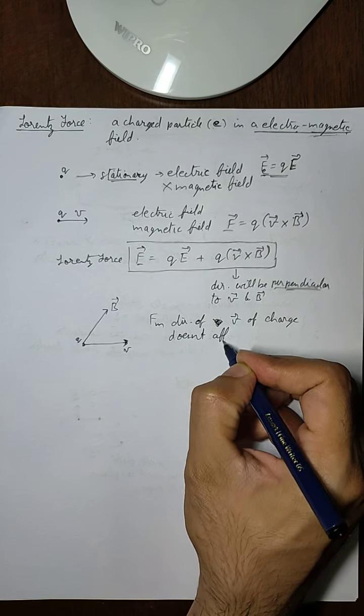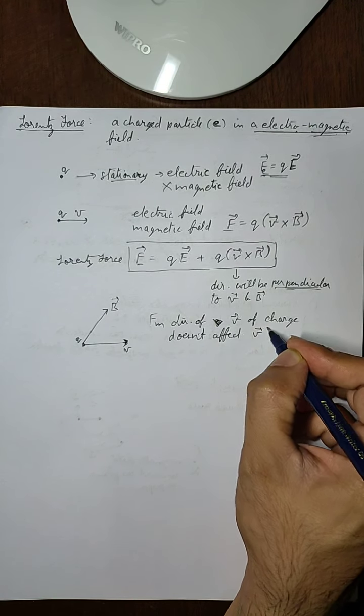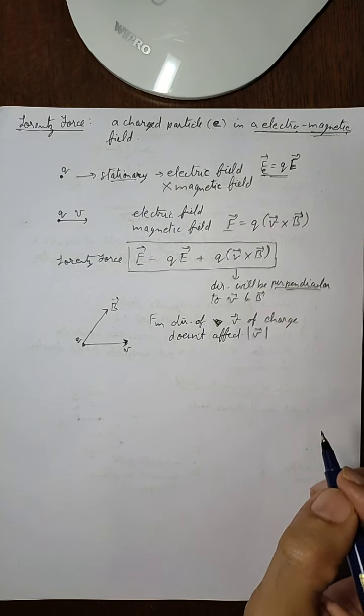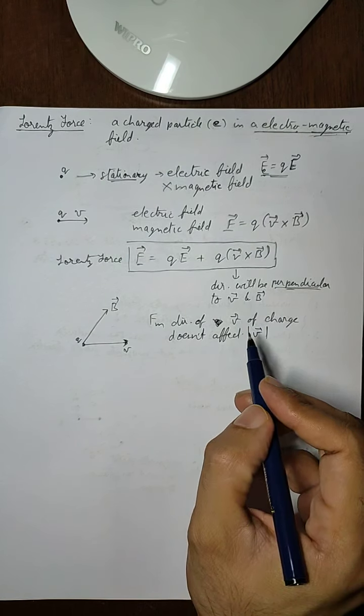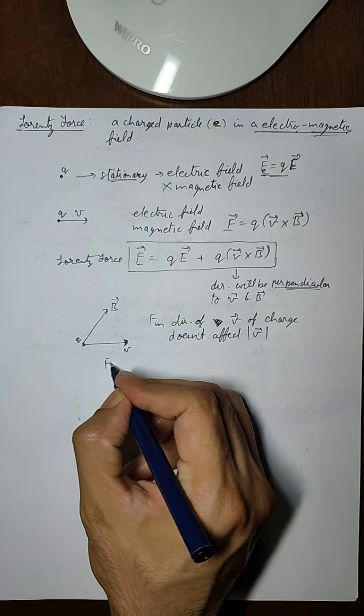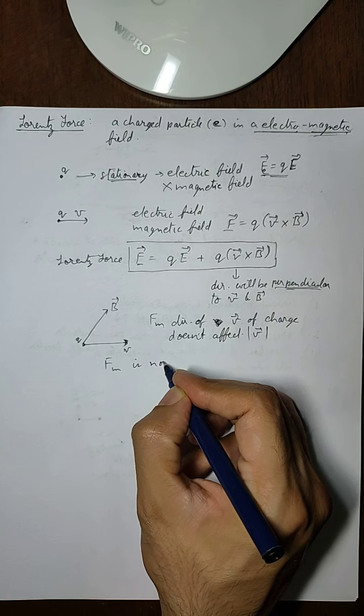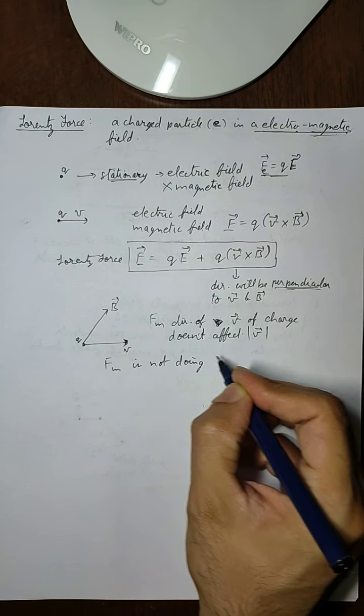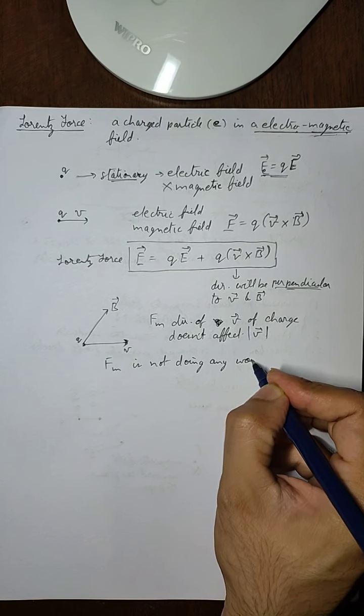It doesn't affect the magnitude of velocity. So this is an important point to remember. This means that magnetic Lorentz force is not doing any work on the moving charged particle.